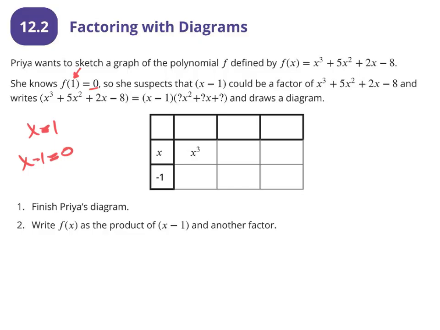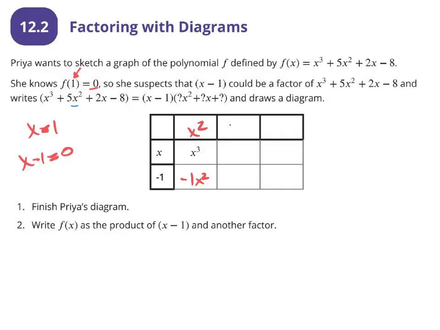So now we've got x and minus 1. We have to multiply to get back to the original. So x squared times x is x cubed. x squared times negative 1 is negative 1x squared. Now, what adds to negative 1 to make positive 5?